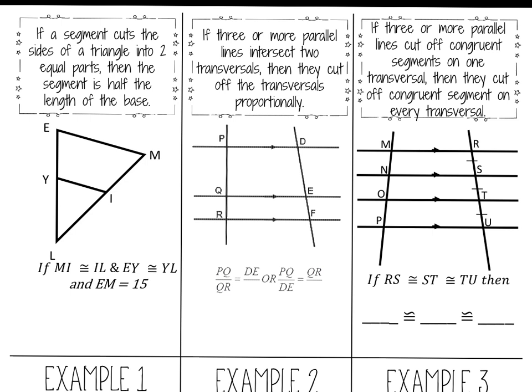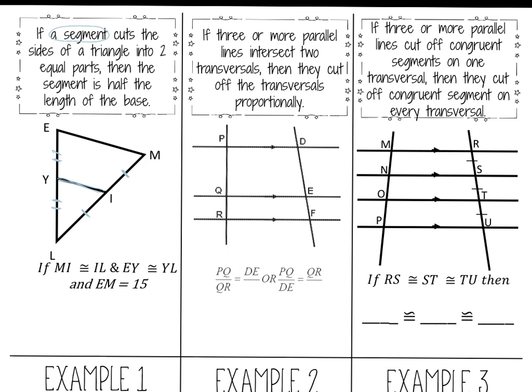So let's take this a step at a time. If a segment, so this segment right here, cuts the sides of the triangle into 2 equal parts, so that means that this part and this part are equal, this part and this part are equal, then YI will be half of EM.